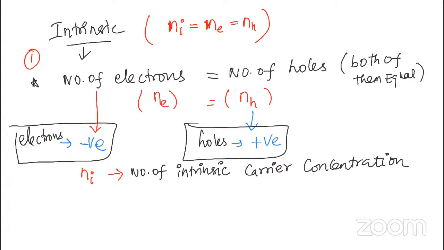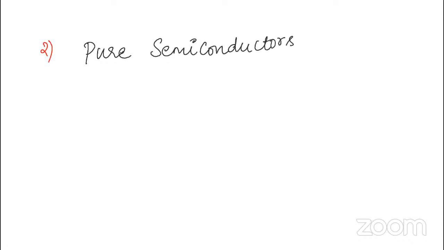Next, the second point. Intrinsic semiconductors are mostly pure semiconductors. Pure semiconductors means they are made of either only silicon or only germanium.